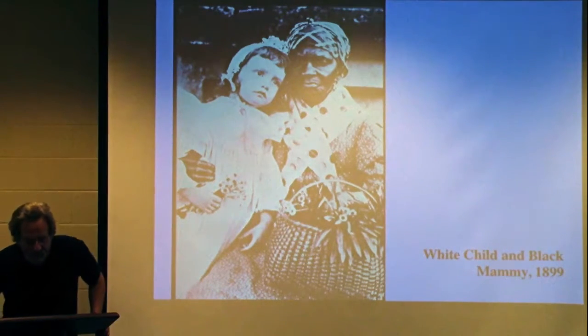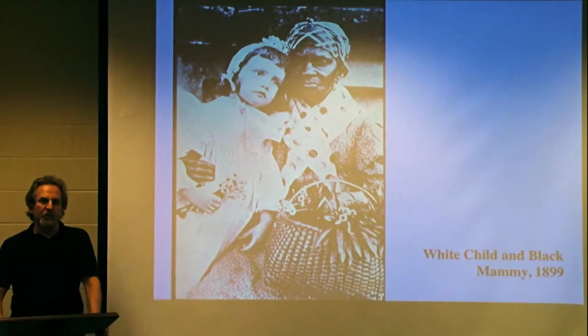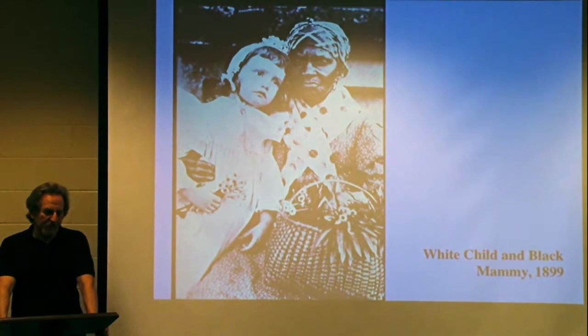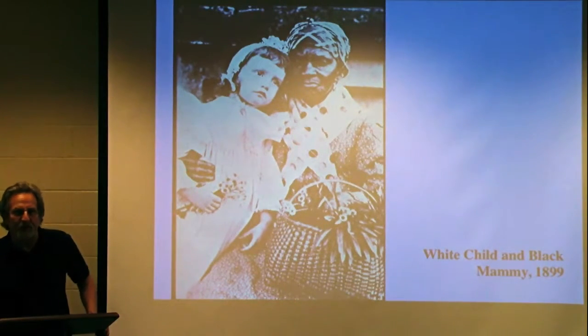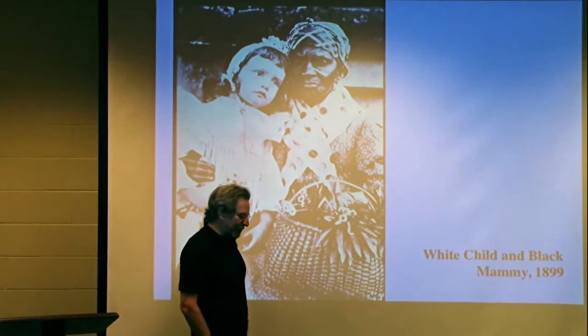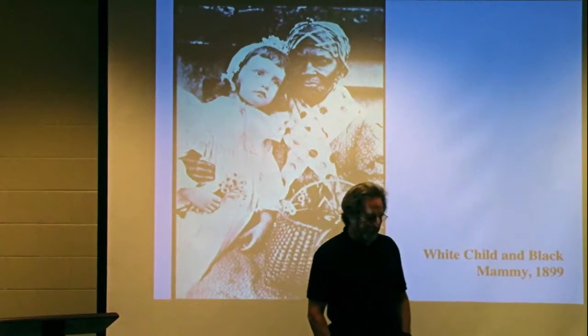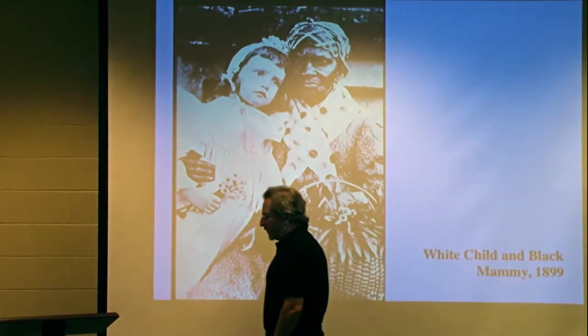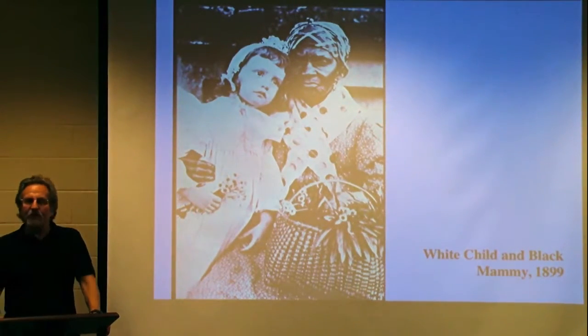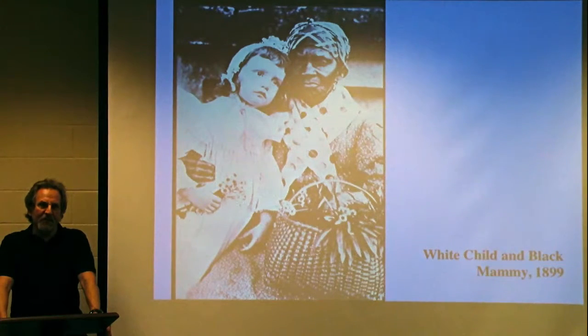A wet nurse nurses not only her own child with the breast milk that she produces, but also the child of another, to feed the child of another. And so the wet nurse, the black mammy, you can't really get much closer than that. This is not about separation.